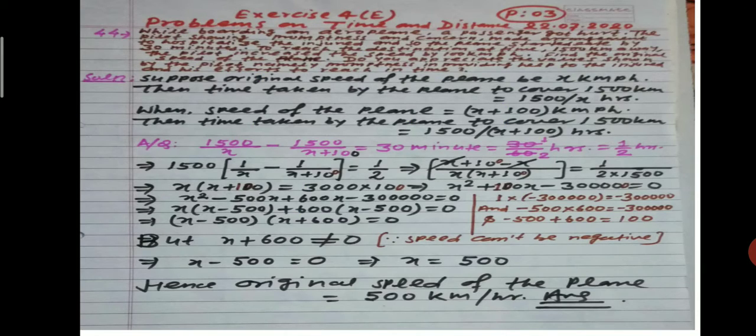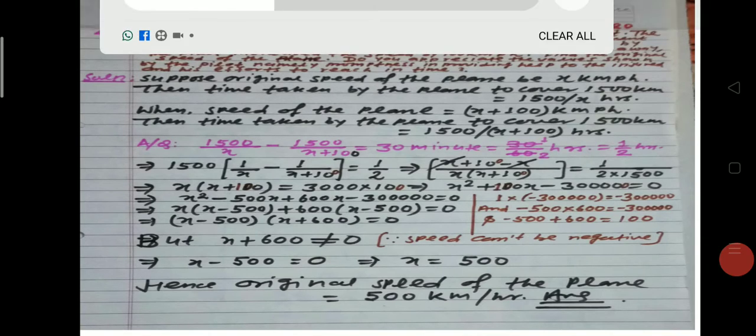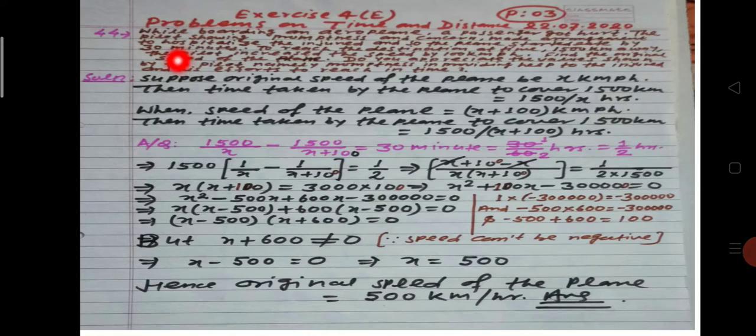Now let us see question number 44. Question number 44 is, while boarding an aeroplane a passenger got hurt. जब एक एरोप्लेन पे चढ़ते समय एक यात्री को चोट लग जाती है, the pilot, showing promptness and concern, made arrangement to hospitalize the injured, and so the plane started late by 30 minutes.